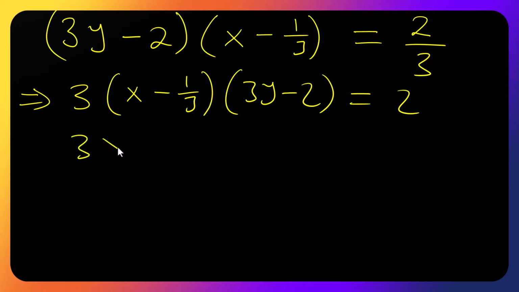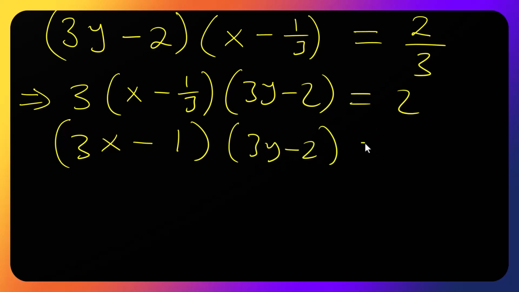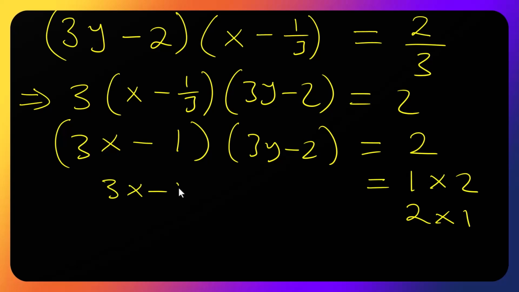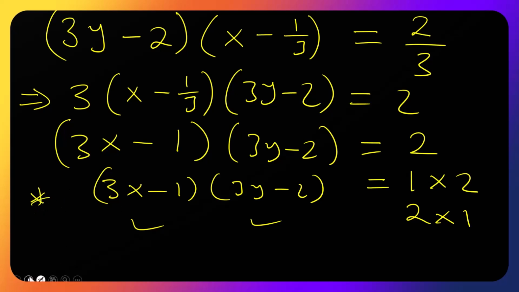So we have 3x minus 1, this one will cancel, 3y minus 2 equals to 2. Now, 2 is the same as 1 times 2 or 2 times 1. So we have two conditions here, 3x minus 1, 3y minus 2 equals that, and we have another condition. So let's start with the first one, case 1.